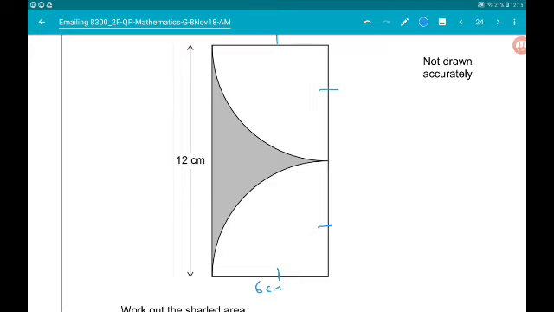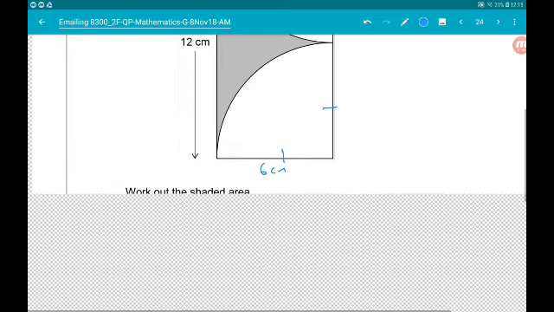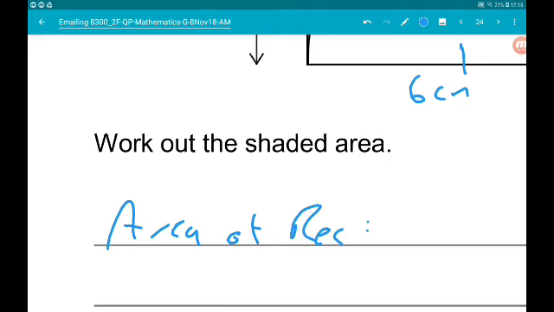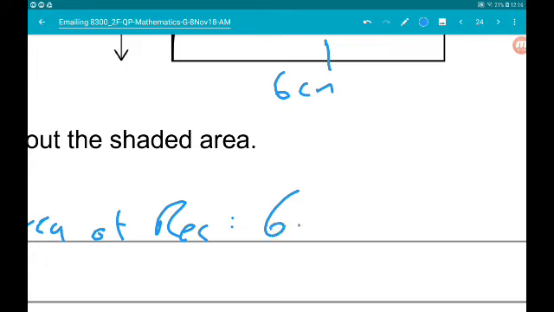So what we need to do is work out the area of the rectangle, work out the area of the two quarter circles, and take those away. So the area of the rectangle is 6 centimeters times 12, which gives us 72 centimeters squared.